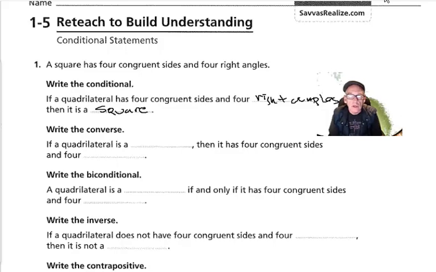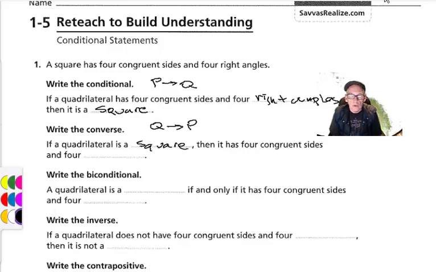So now here's the notation that goes with the original conditional: P, then Q. The converse is Q, then P. So if a quadrilateral is a square, then it has 4 congruent sides and 4 right angles. So there's the converse form.